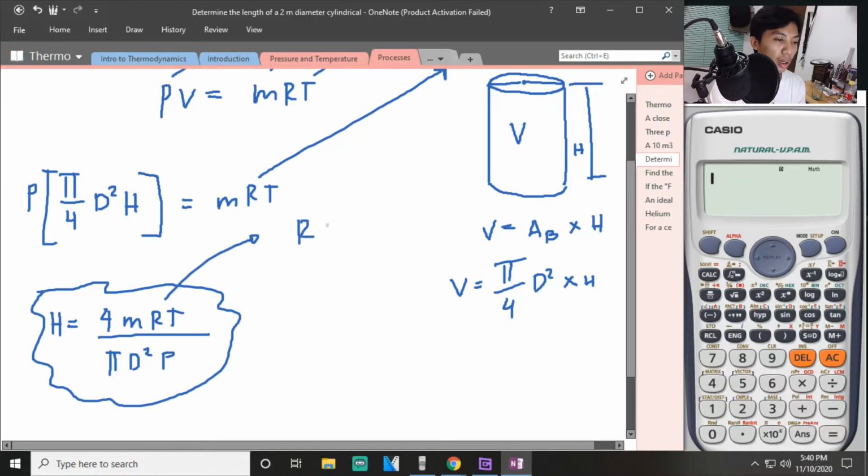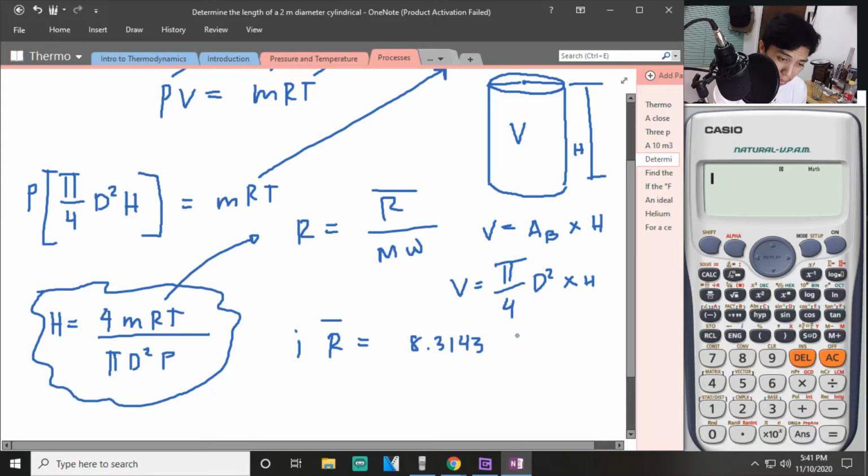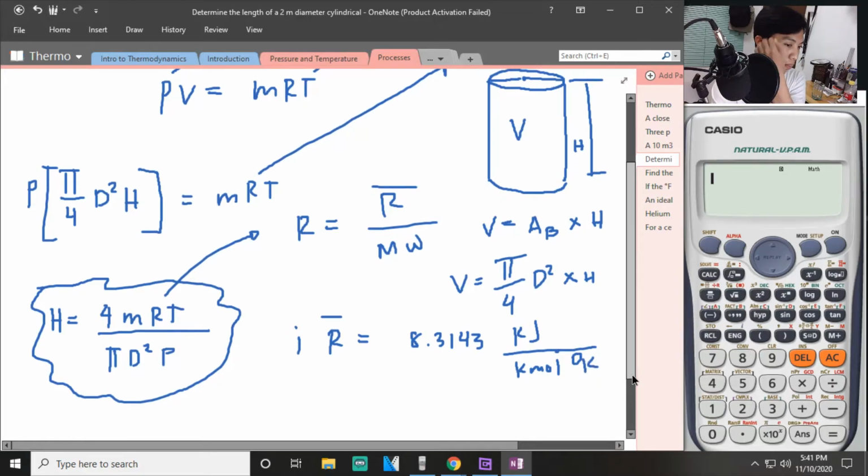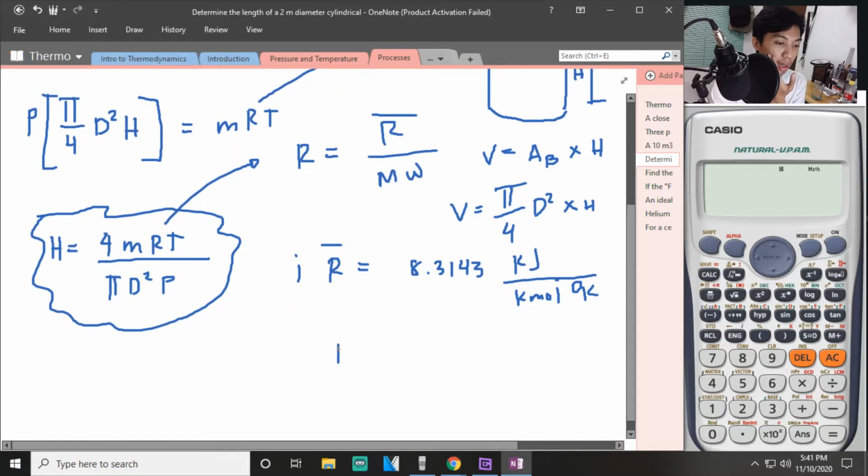R is equal to R bar over molecular weight. Ngayon dito, yung R mo kasi is equal to R bar. Ano ba yung R bar? R bar is equal to 8.3143 kilojoule per kilomole degree Kelvin. Ayan. So, ang molecular weight mo, the molecular weight ng O2.